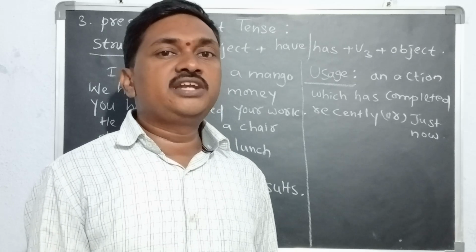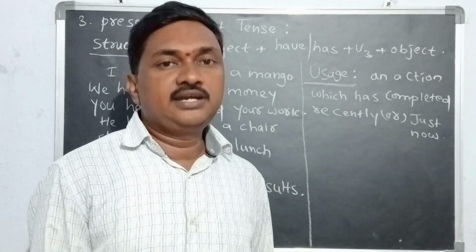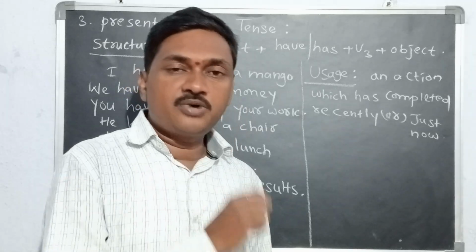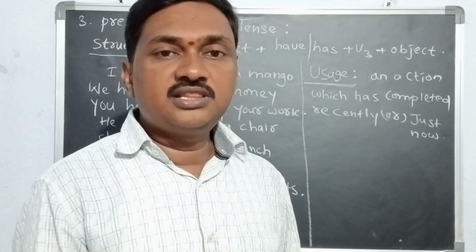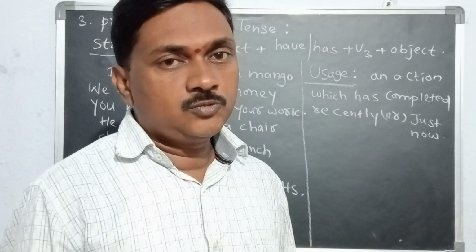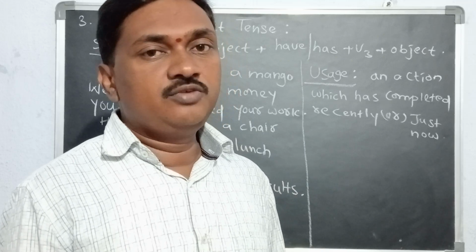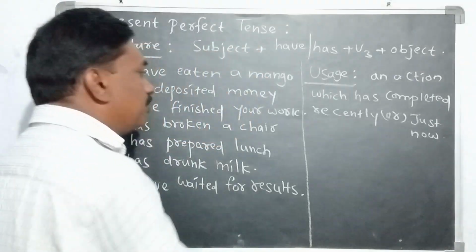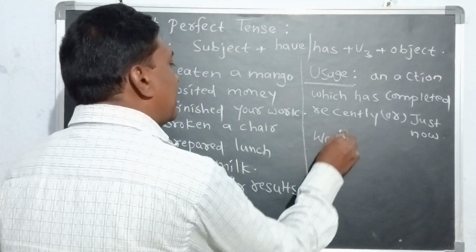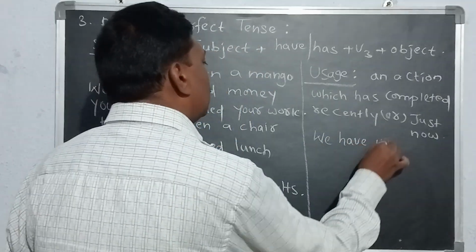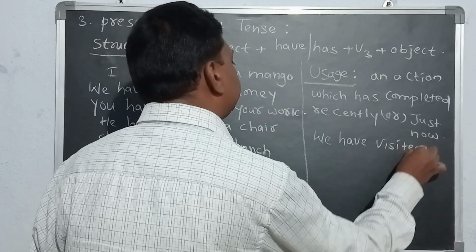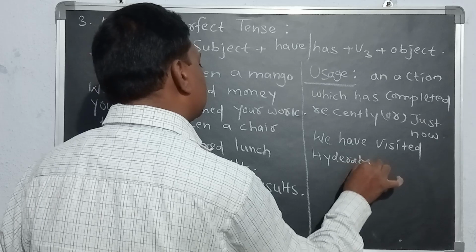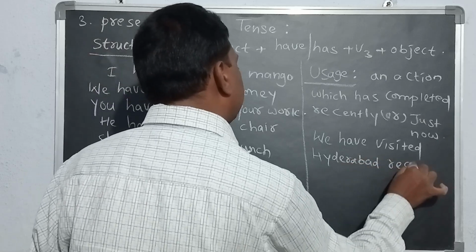But we should not mention the time in the sentence. While writing just completed actions in present perfect tense, we should not mention the exact time, when the action completed. For example, we have visited Hyderabad recently.